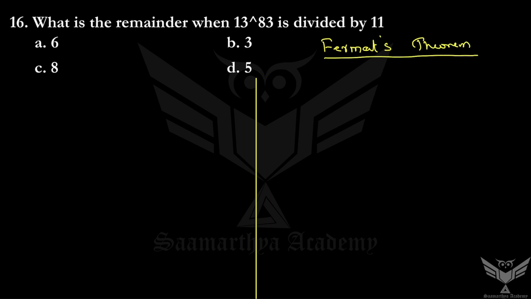It says any number a raised to p minus 1, divided by p, gives a remainder of 1. The condition is a and p should be co-prime. Co-prime means HCF should be equal to 1.